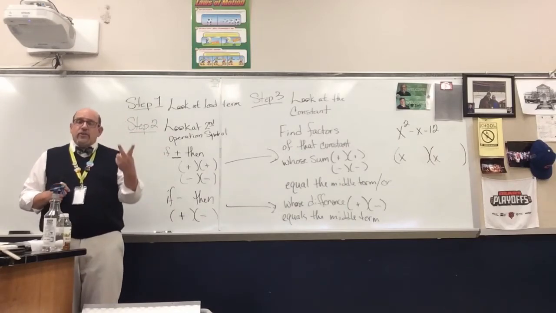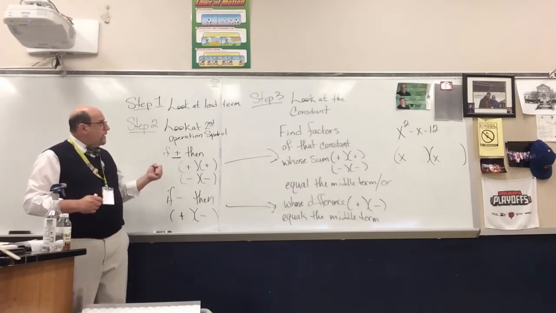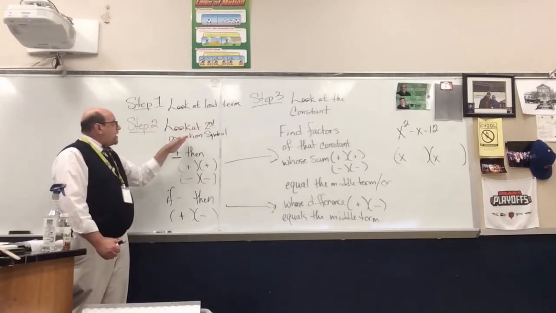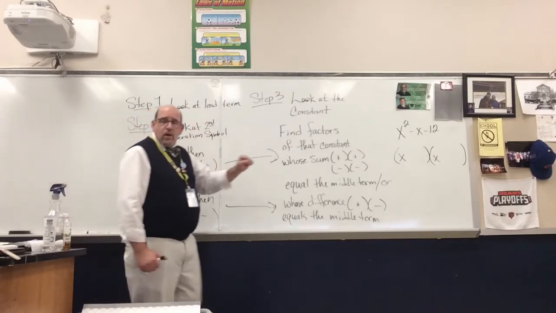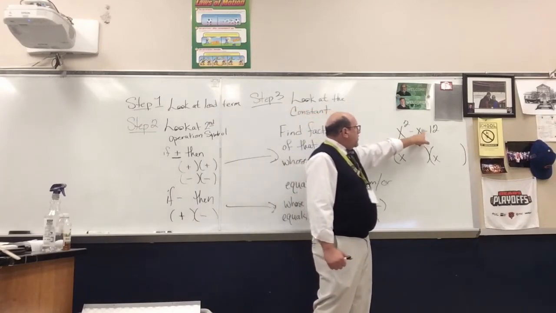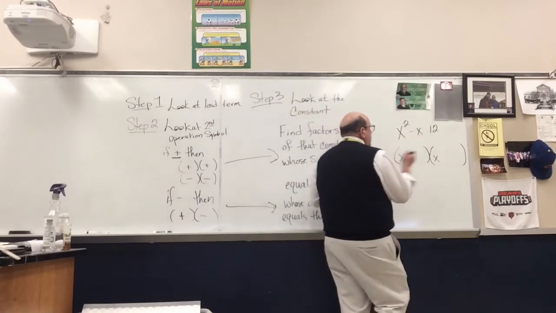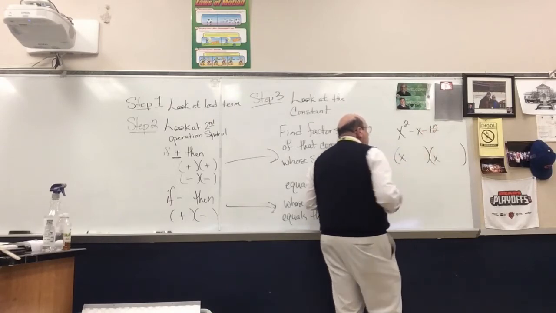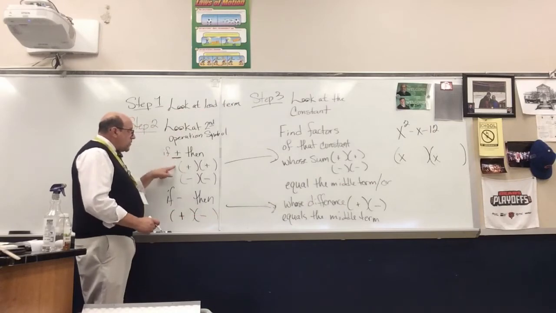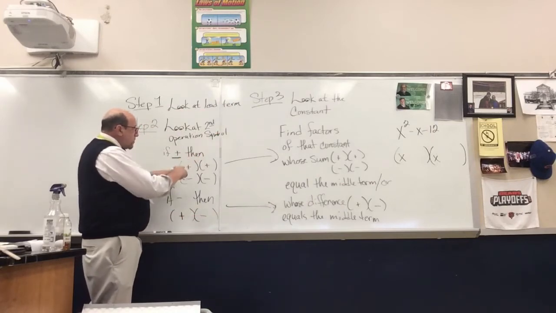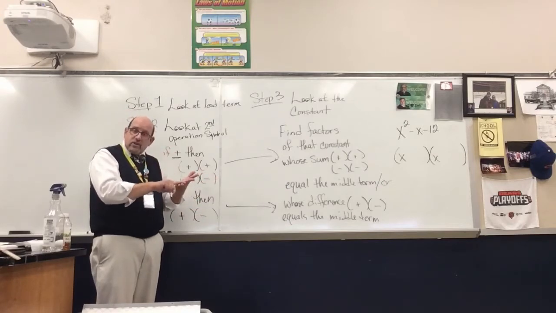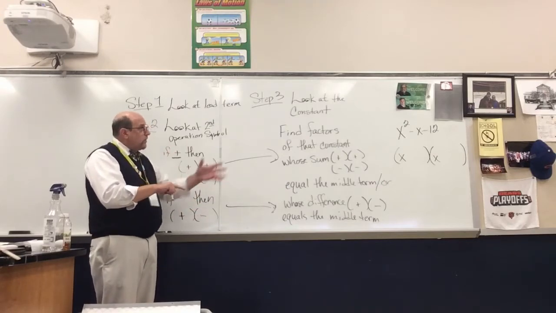Okay, there are two different ways to look at it. So step two says, look at the second operation symbol of our quadratic. Here's the first operation symbol, here's the second operation symbol, it's subtraction. So, if it's addition, then we know that the symbols inside the parentheses have to be the same. It has to be either both addition or both subtraction, right?